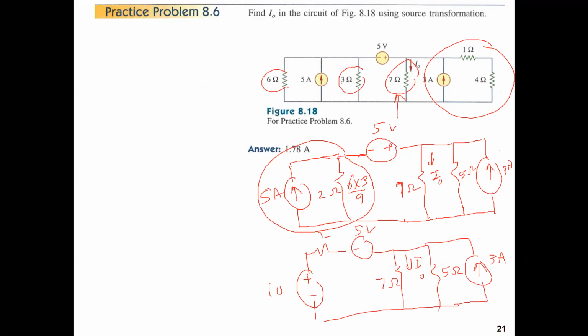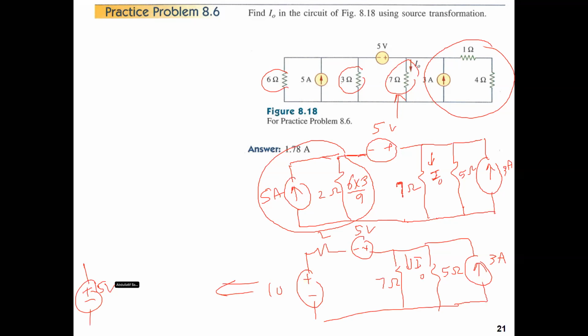So again, this is just a plus sign here. So now we have these 2 voltages, the 10 volt and the 5 volt, that will be added because they are connected in series. So minus 10 volt and minus 5 volt, both of them will be 15. So we have 15 volt.